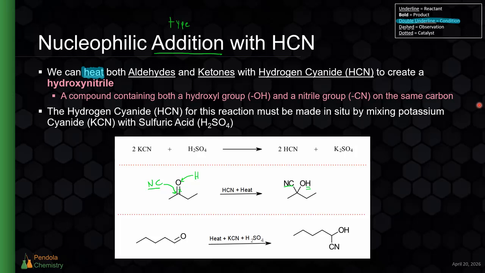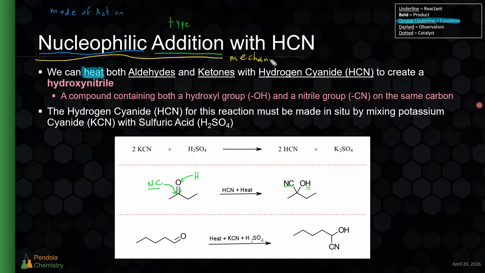Nucleophilic, on the other hand, is going to be our mode of action for the mechanism. So the mode of action is nucleophilic, the type is addition. Nucleophilic addition, therefore, the whole thing, is our mechanism.